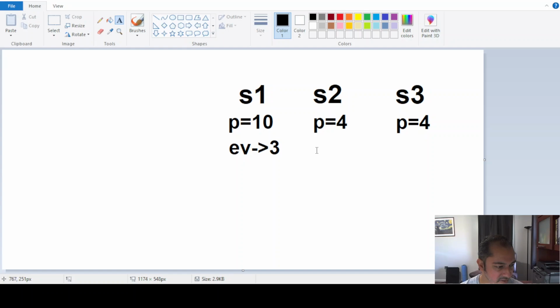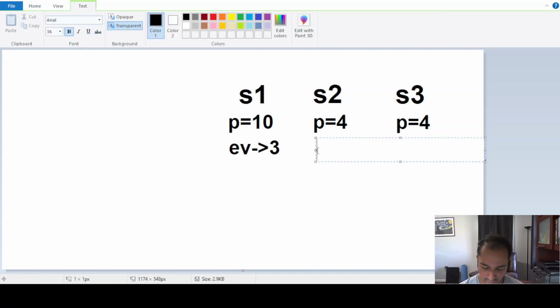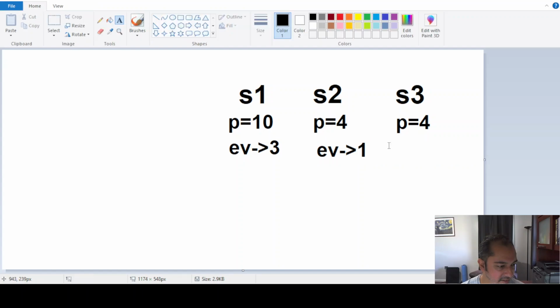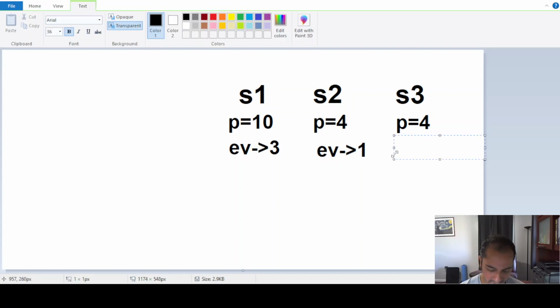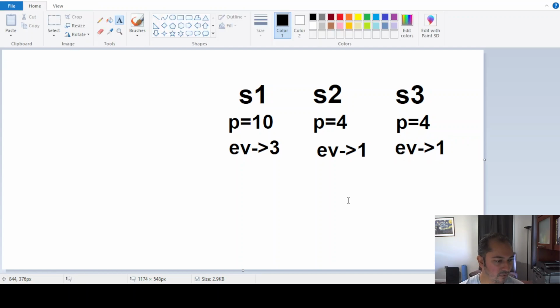And S2 with a population of 4 will get an electoral vote of, let's say, 1. And the same will be for S3. The electoral vote count will be 1. Okay, so with this distribution in mind, now people get to vote on election day. And let's see the results of these votes.